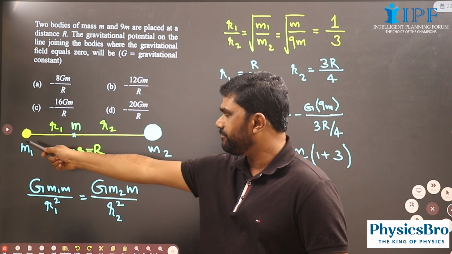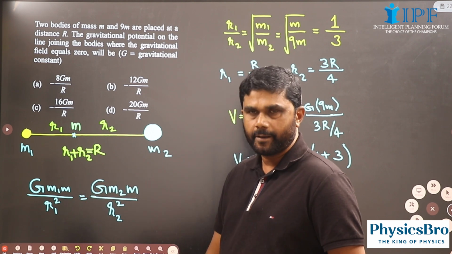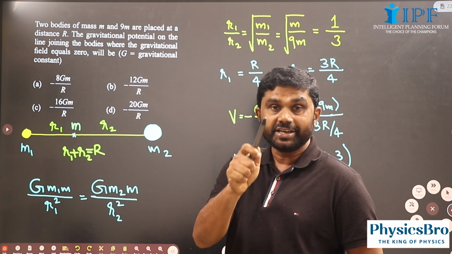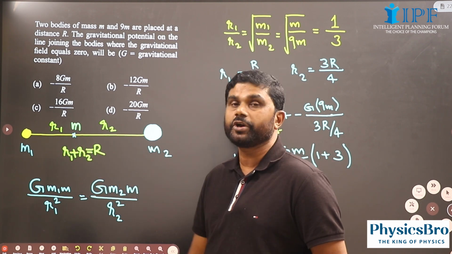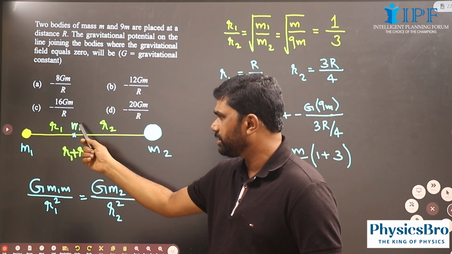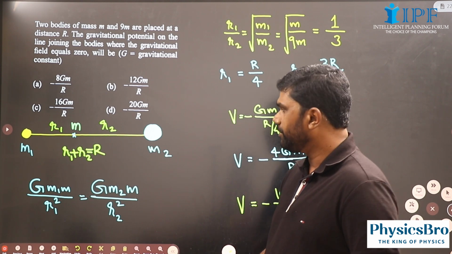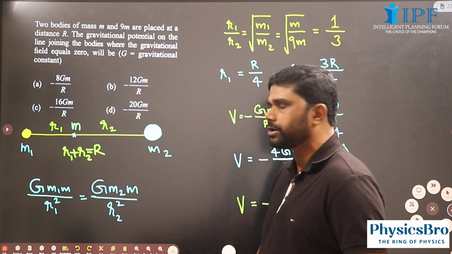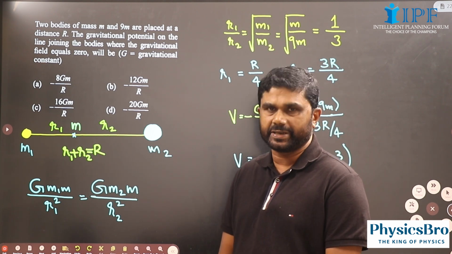Force exerted by m1 on this test mass will be G m1 m divided by r1 square, where r1 is the distance of the null point from this point mass m1. Force exerted by m2 on this test mass will be G m2 m divided by r2 square, and we have r1 plus r2 equal to capital R.